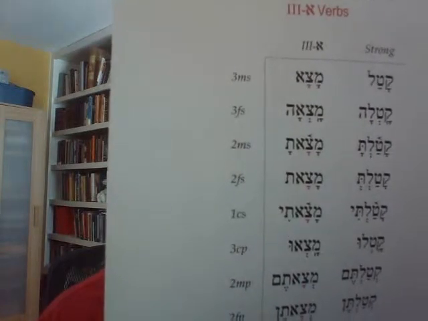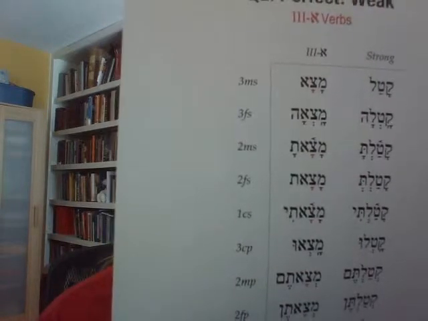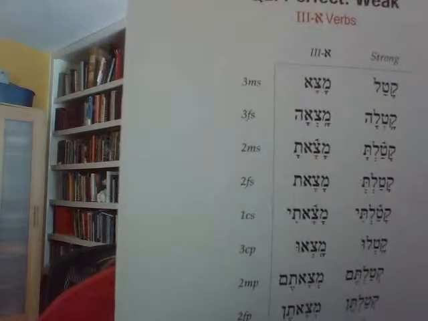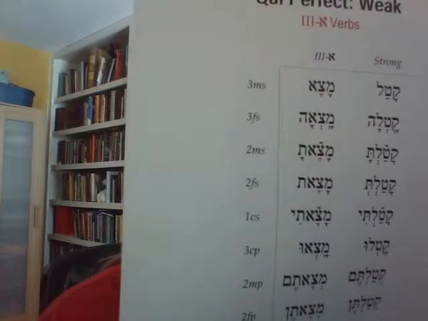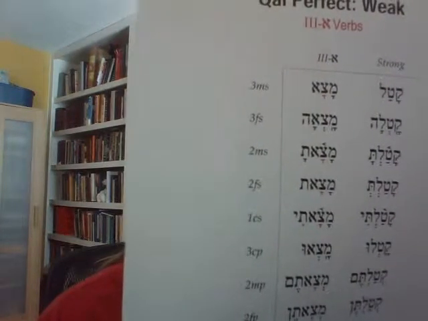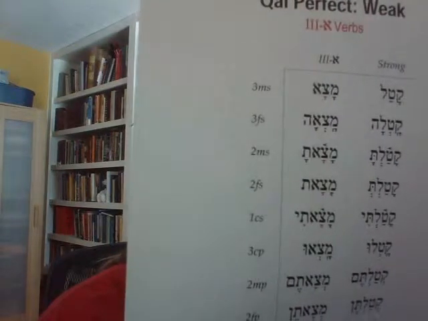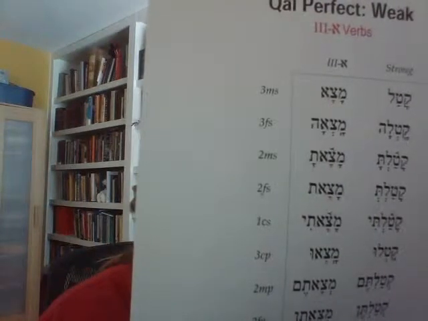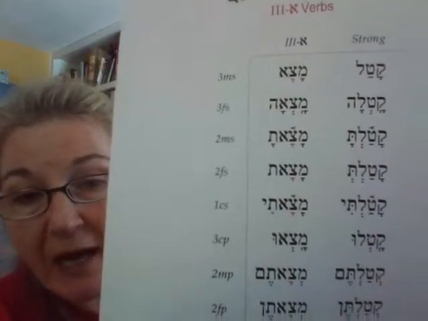For example, the first common singular suffix, tav, dagesh lene, hireq yod, has become tav, hireq yod, and the dagesh lene is lost. The loss of the dagesh lene is caused by the quiescing or silencing of the aleph in pronunciation. When this happens, the tav is preceded by a vowel sound and therefore loses the dagesh lene.